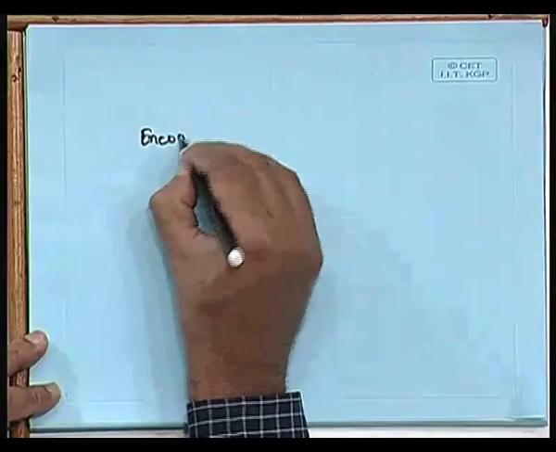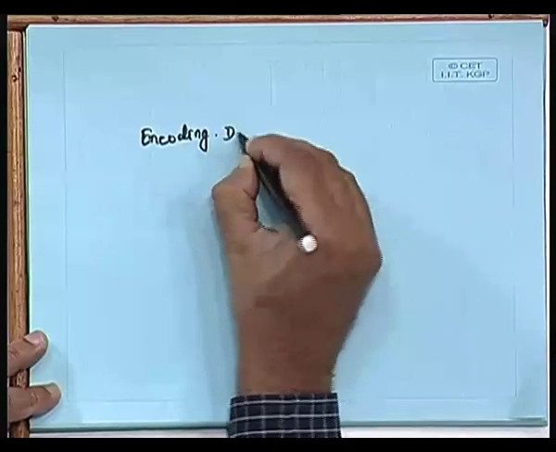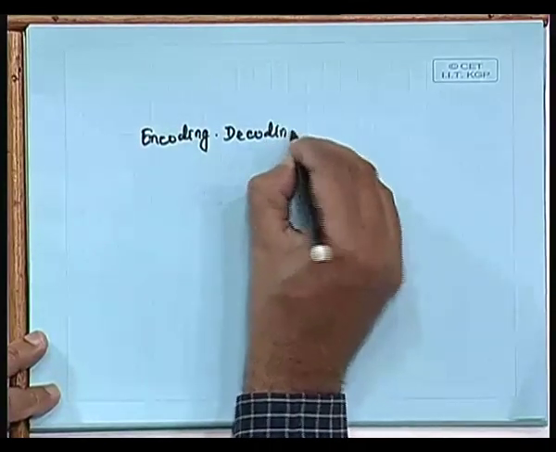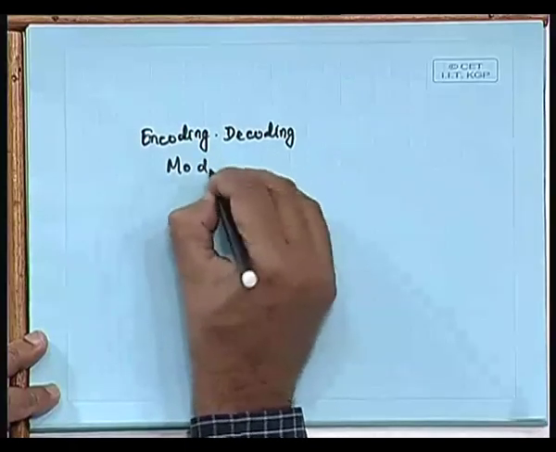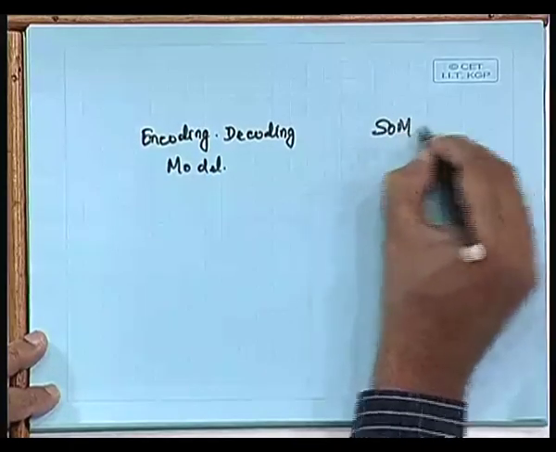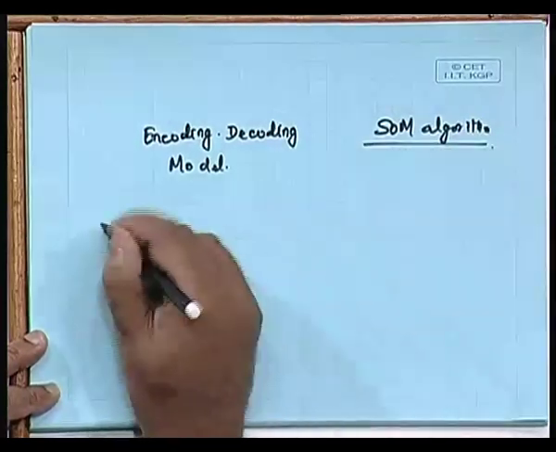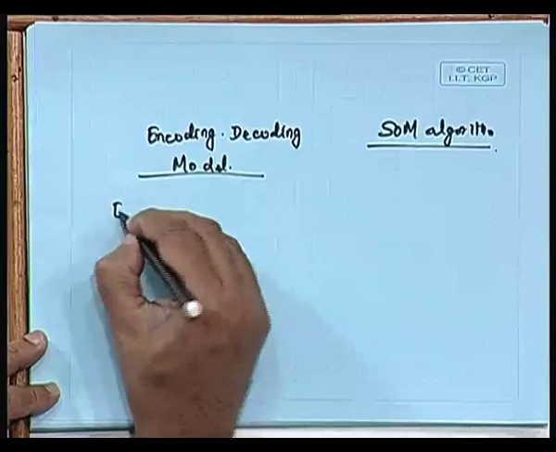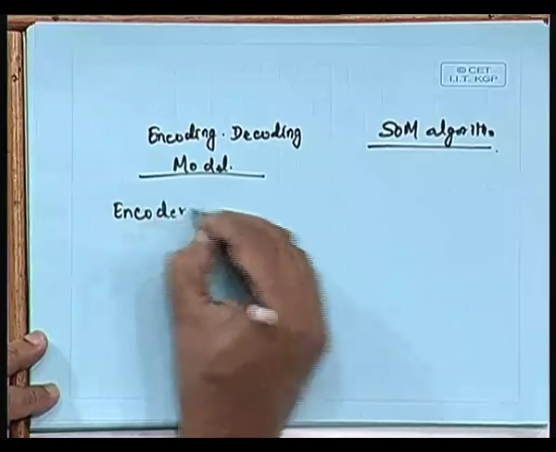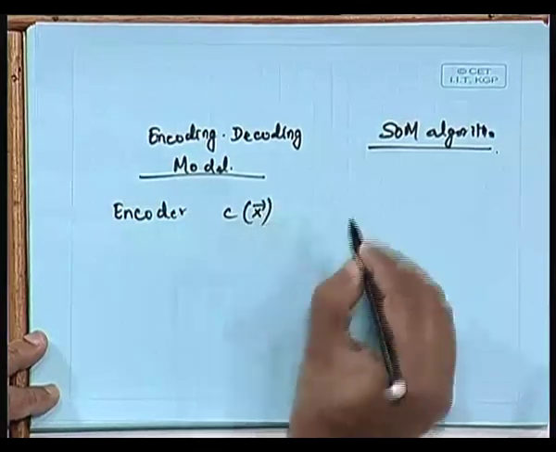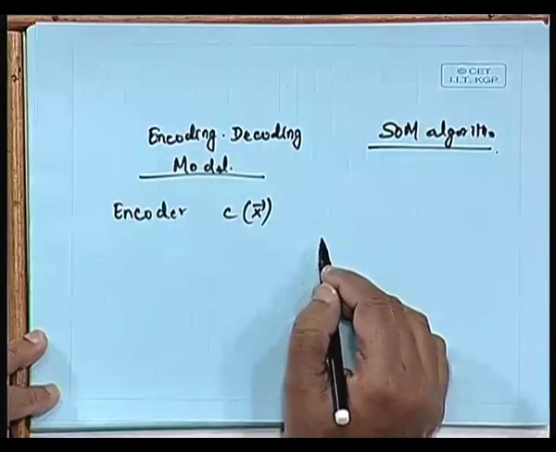Let us try to present this analogy. So, we have the encoding decoding model listed on this side and the SOM algorithm listed on this side. Now, if we talk about the encoder part, that is C(x) in the encoding decoding model, what will be its equivalent analogy in the self organizing map?